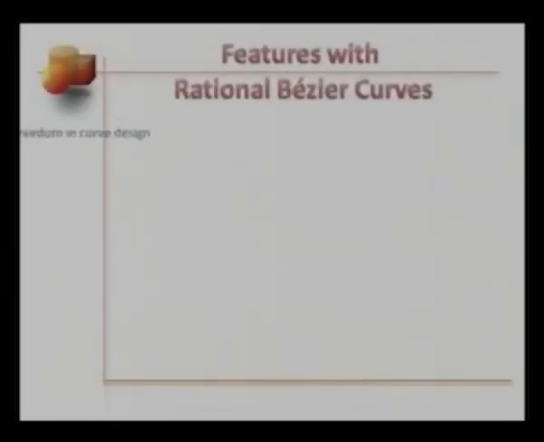Features of rational Bezier curves. You would realize that we have more design freedom when modeling rational Bezier curves. This is because of the additional weights that we assign along with the data points or design points.